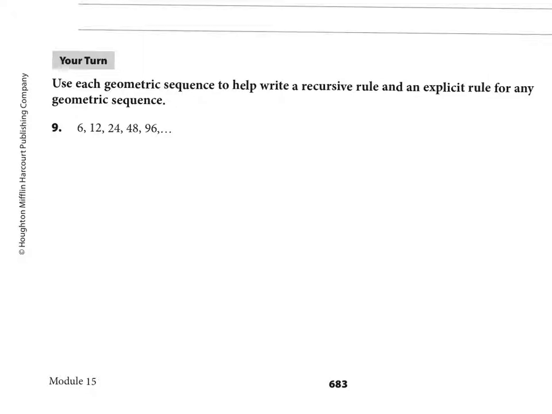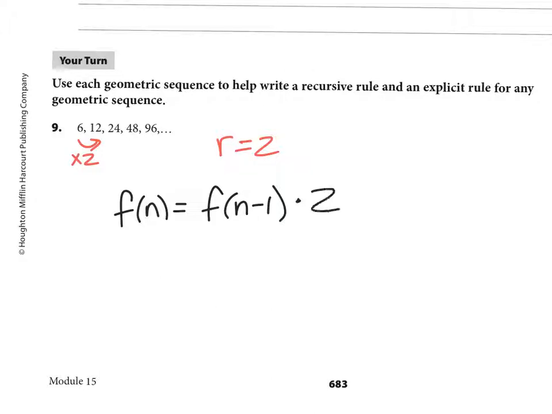We are going up by 2. We're multiplying by 2. So our r here is 2. Remember, you could have done that by doing 12 divided by 6. So a recursive rule for that would be f of n equals f of n minus 1 times 2.